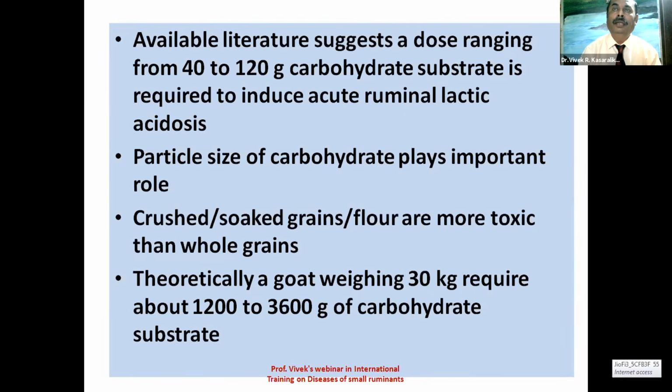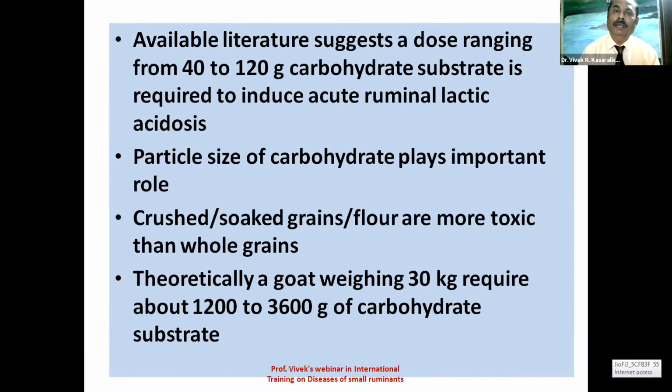the condition. The literature used to say that about 90 to 120 grams of carbohydrate substrate is required to induce acute ruminal acidosis. Now, even if you take 100 grams per kg body weight as the dose, for a goat of 30 kgs, a goat should eat at least 3 kgs of available carbohydrate to end up in a death-like situation in acute carbohydrate engorgement.